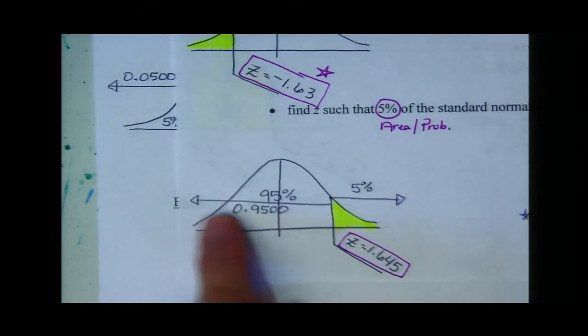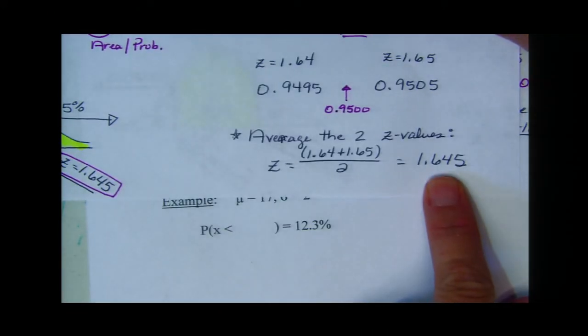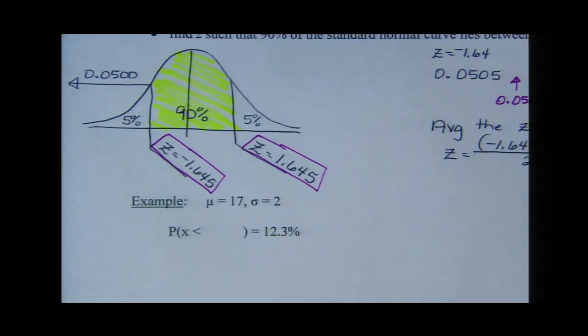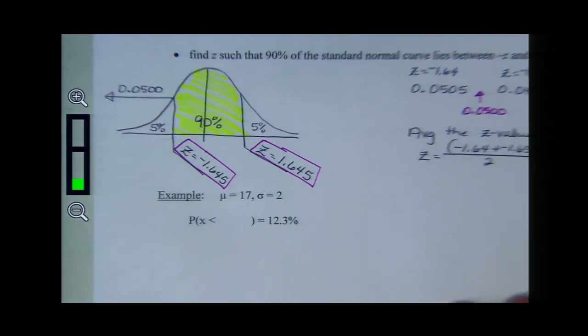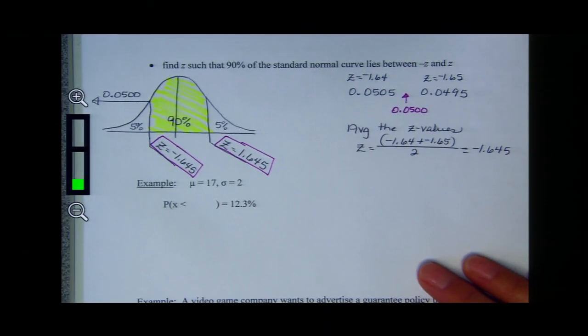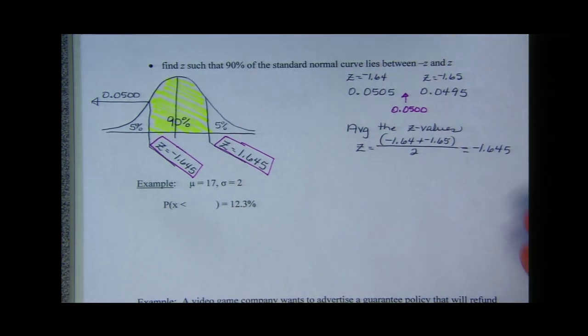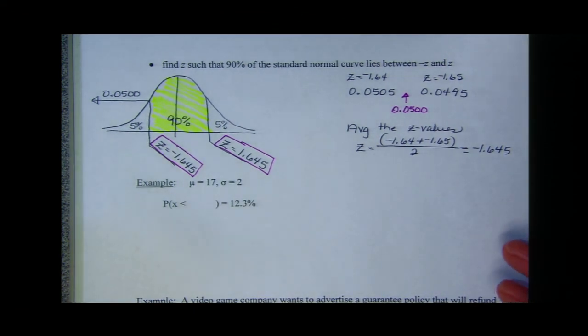Well, we just found that one over here. 95% was 1.645. So we know we are correct on that. So there are the different ways that you will be asked to use the table in the inverse when you are given the probability. So let's look at a couple examples to finish out this section.